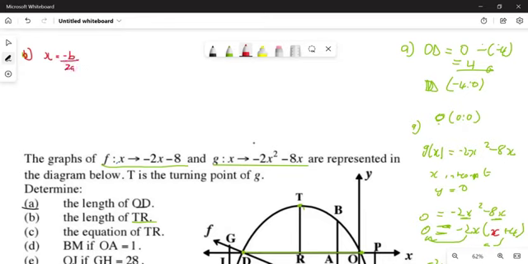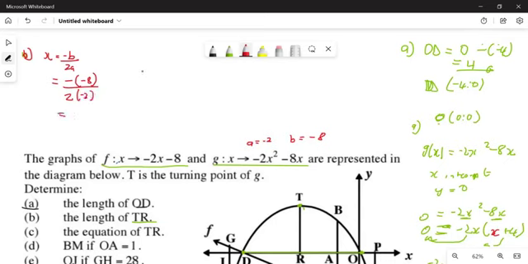What is our a here? Our a is minus 2. What is our b? Minus 8. Then you sub them here, so I'm going to have minus open bracket minus 8 all over 2 multiplied by minus 2.